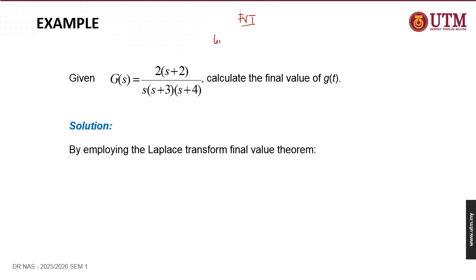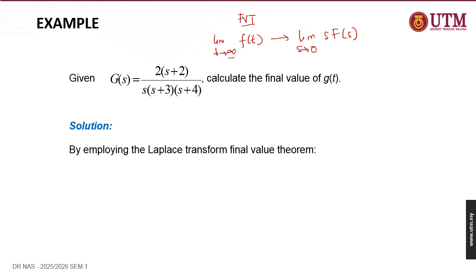It's the limit as t approaches the last point, infinity, of f(t), and in the s domain it is the limit as s approaches 0 of s F(s). In this case we use G(s), so in the time domain it is g(t).